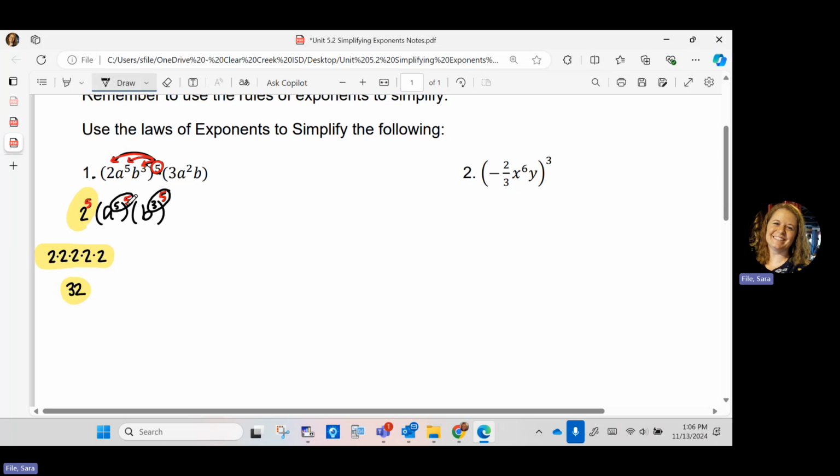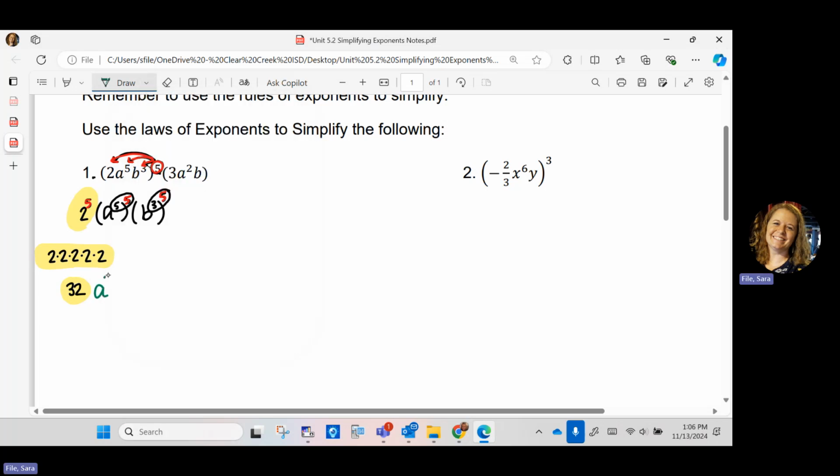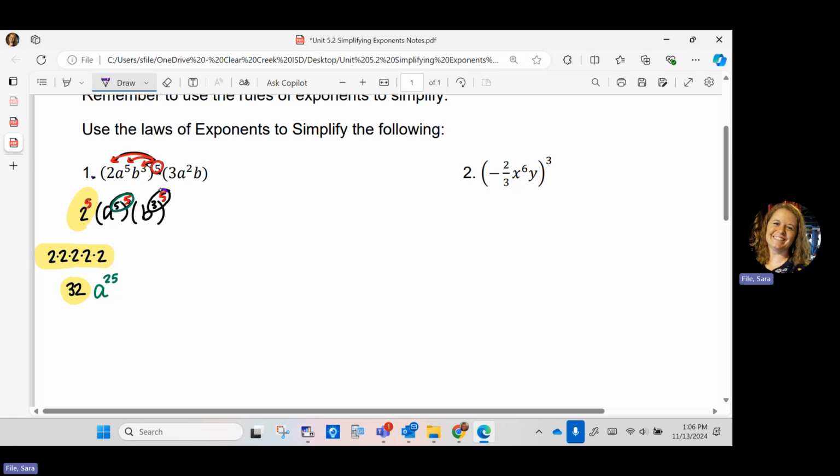Okay, now the exponent rule for the variable here, we've got a to the 5th to the 5th, a power to a power. That was our power property, which says to multiply those exponents. So that becomes a to the 25th. You're doing 5 times 5 here. Okay, and then for the b, that is also a power to a power.